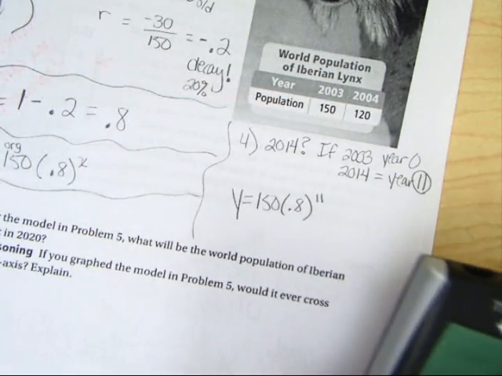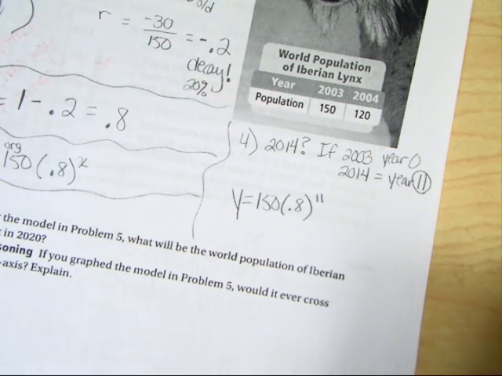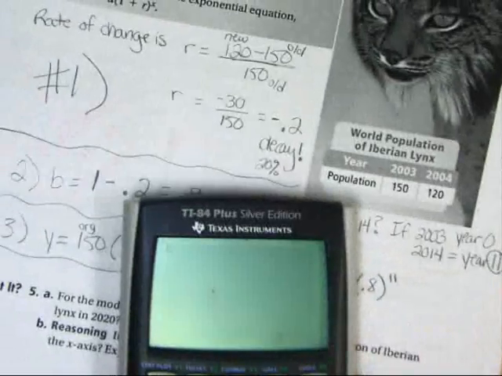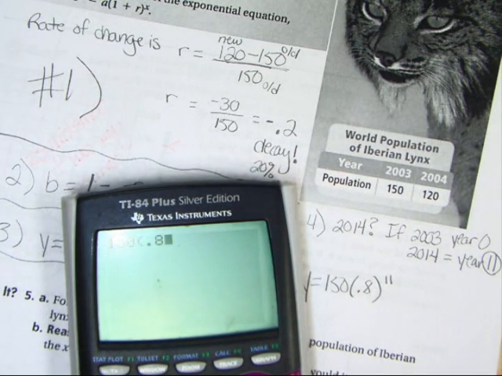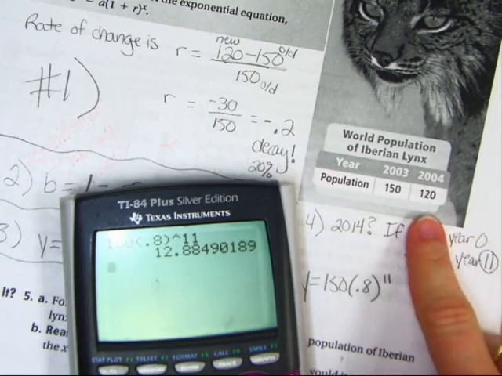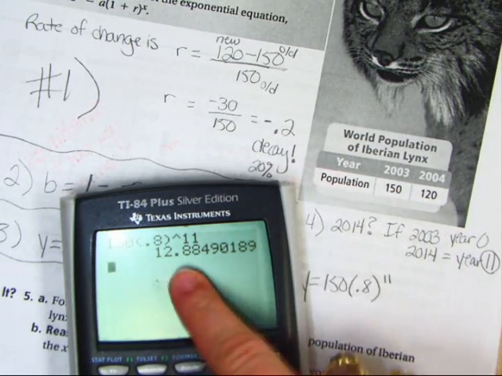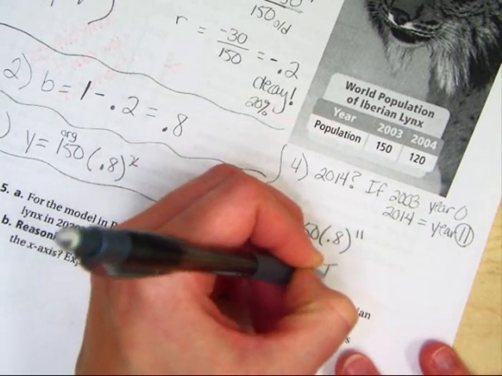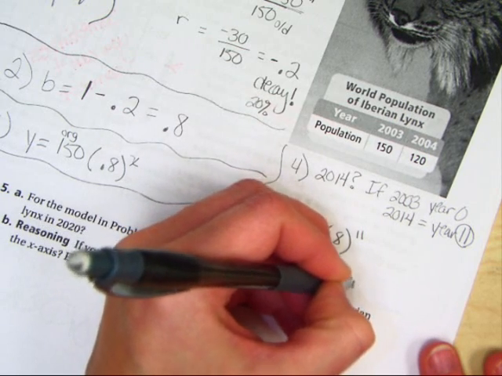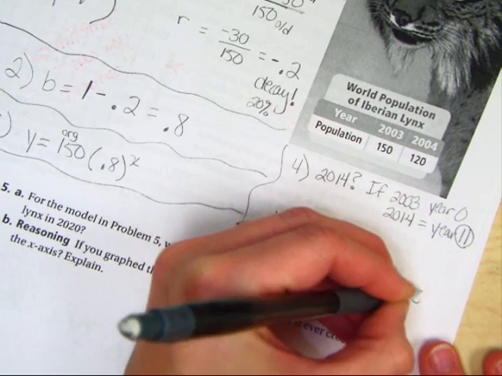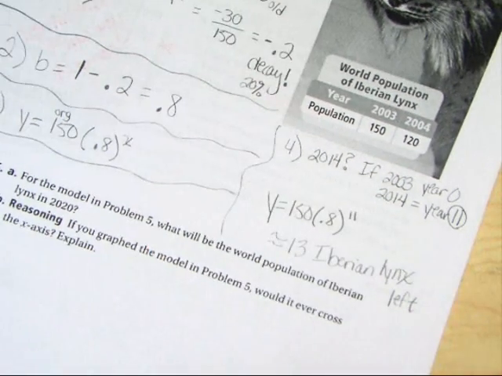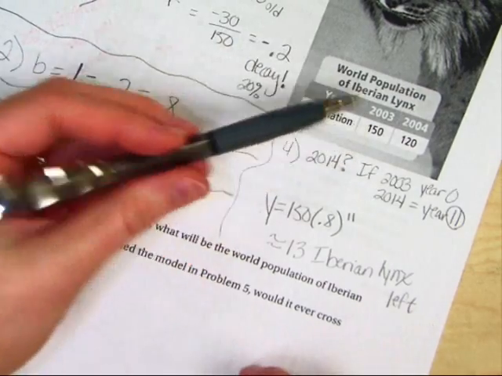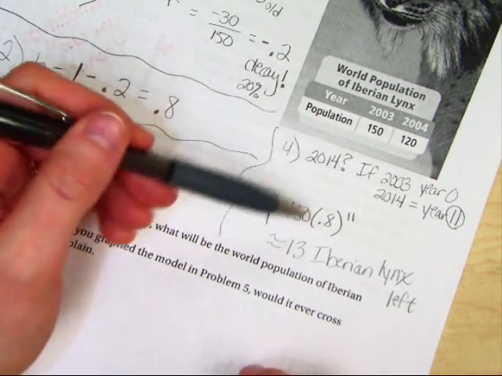This is predicting, using old information, how many lynx there will be in 2014. So I do 150 times 0.8 to the 11th power. It's kind of sad, isn't it? If this is true and they do shrink by 20% every year, there's going to be approximately 13 left. So we can say that there will be approximately 13 Iberian lynx left. That's kind of scary. It's always going to be decreasing, but look how it went from 150 down to 13.